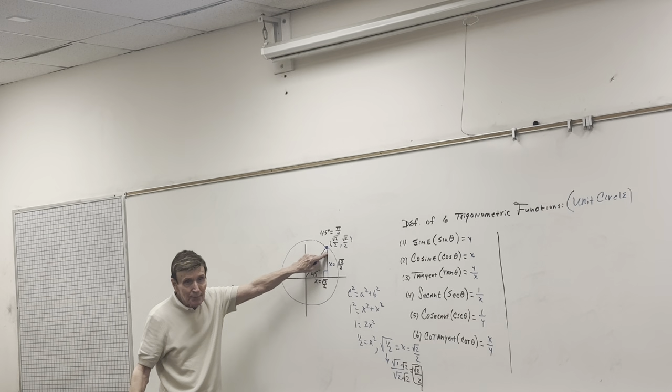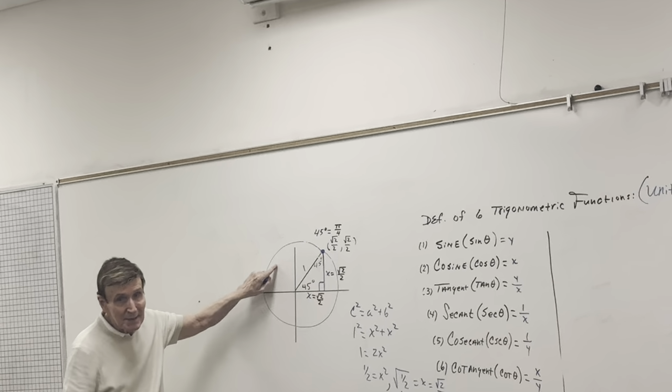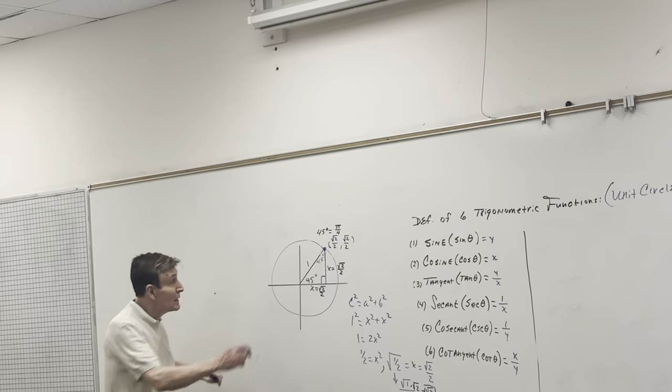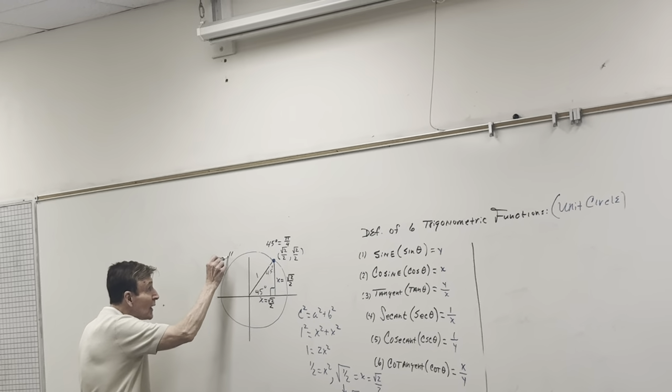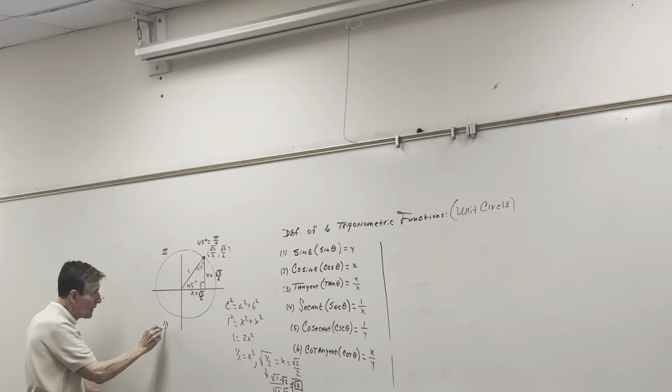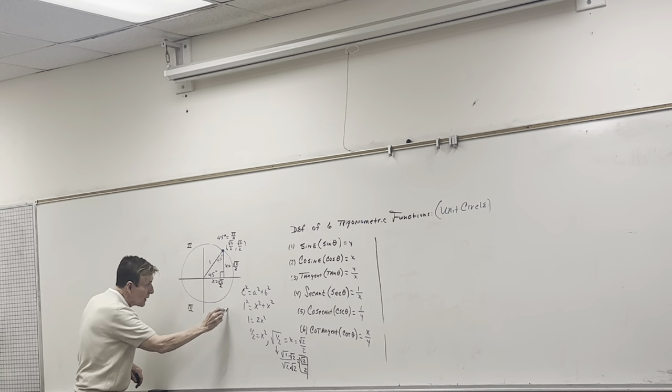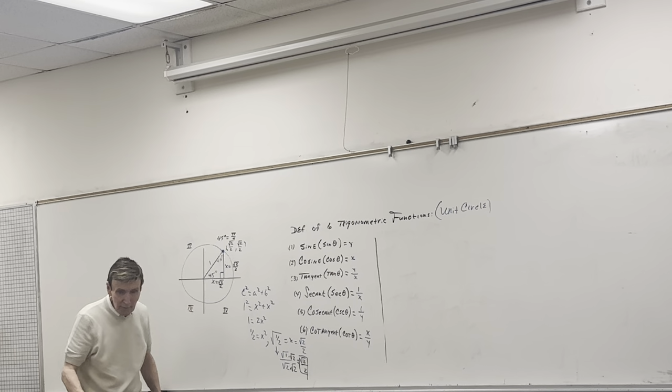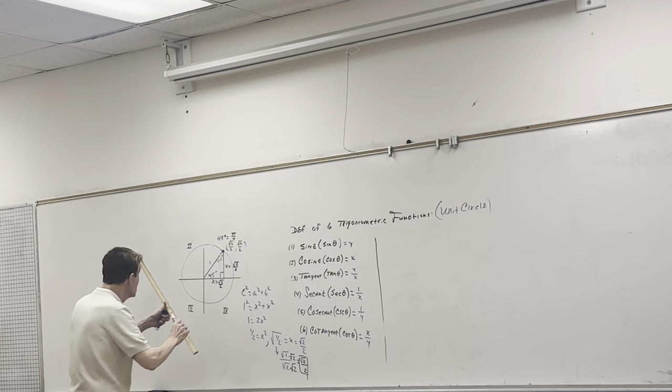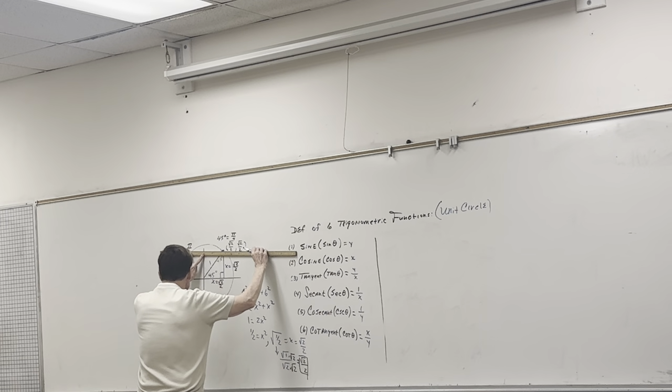let's take this point and reflect it across the y-axis and move it into quadrant 2. This is quadrant 2, quadrant 3, quadrant 4, and you saw me do this for 30 earlier, so let's just take it over.